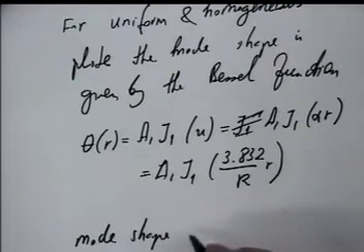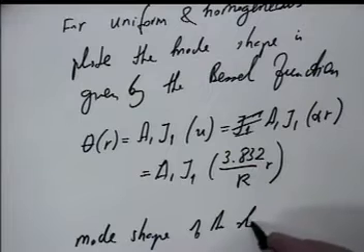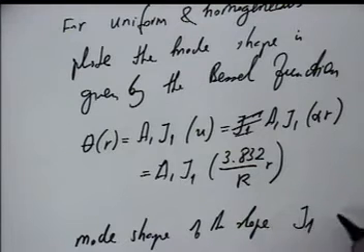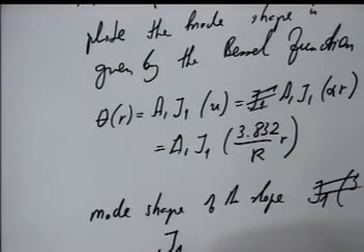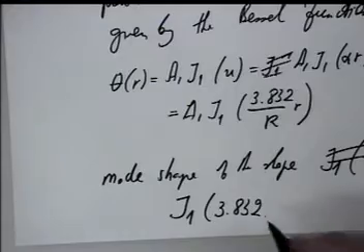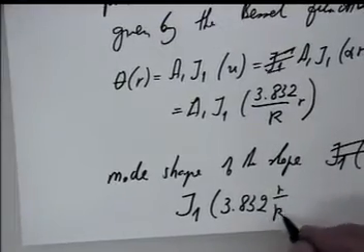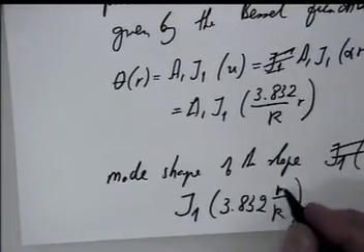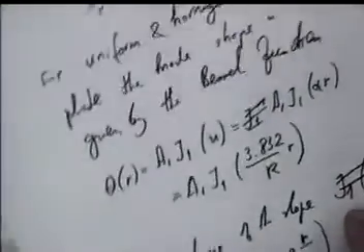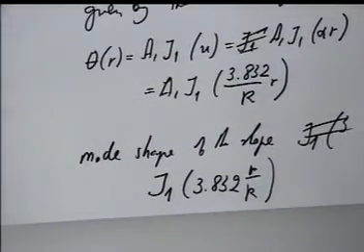Mode shape of the slope is Bessel function J1 of 3.832 r over R. It's beautiful that it's a naturally non-dimensional coordinate, small r divided by capital R. That is a mode shape.